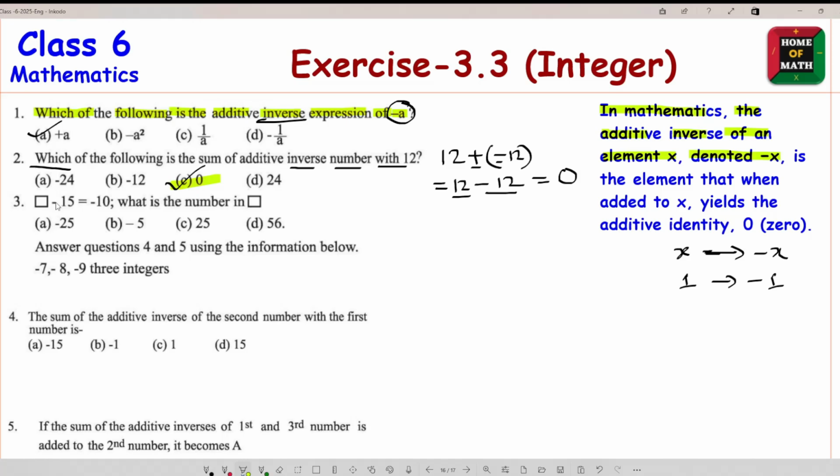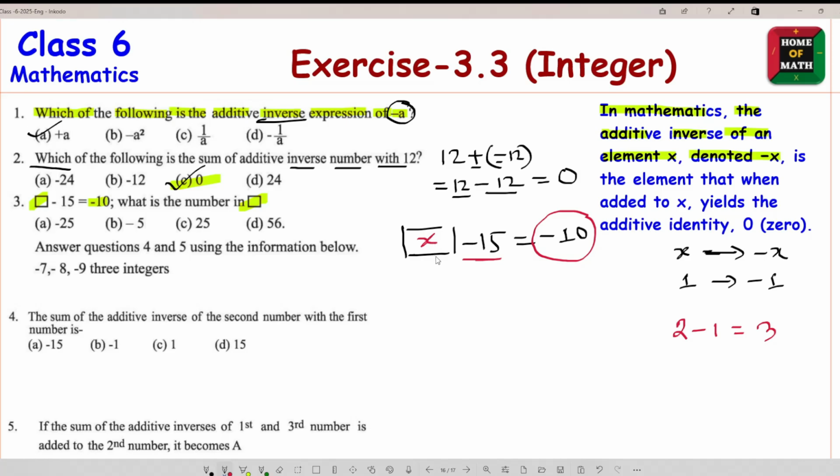Now the next question: blank minus 15 equals minus 10. What is the number in the blank position? We have to subtract something, and minus 15.